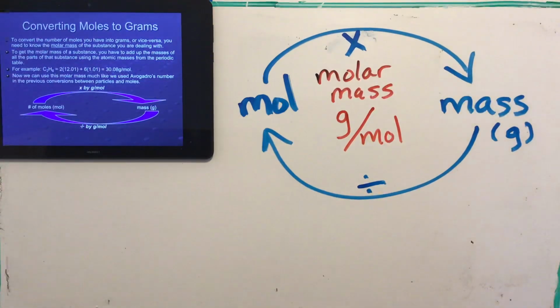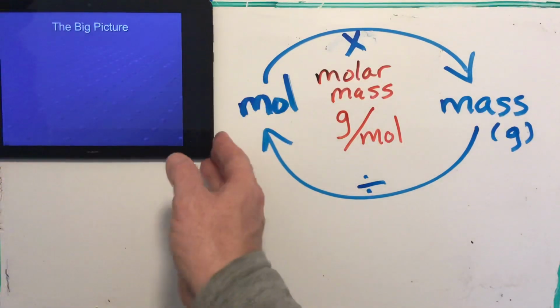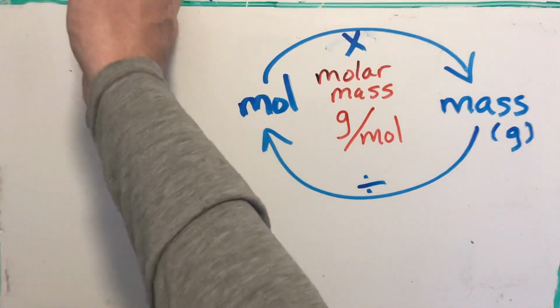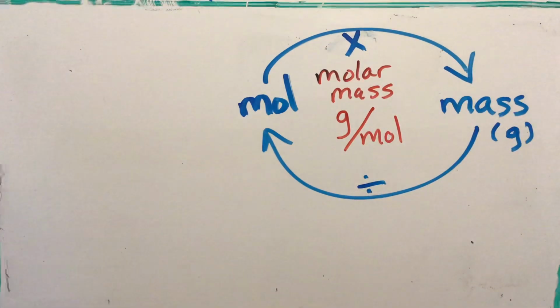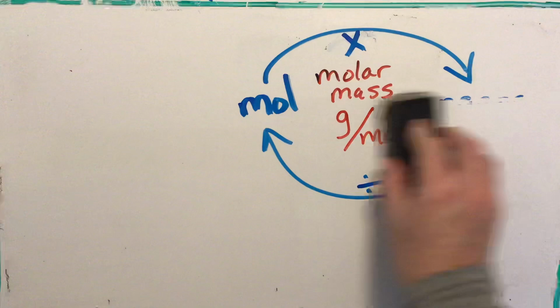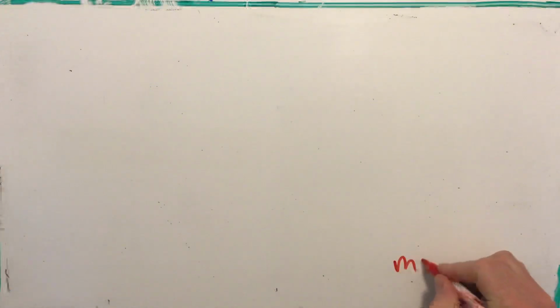All right, so let's move this for now and do a couple of problems that deal with this right here, okay? I'm going to move it down here, very, very small. Moles, mass is in grams.